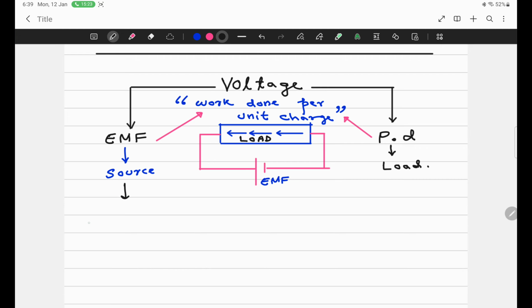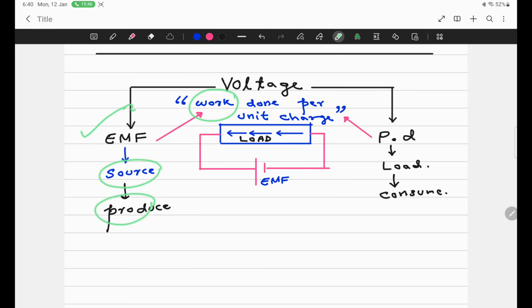And you know, at source, electricity is produced, whereas at the load, electricity is consumed. So I can say work done per unit charge to produce electricity at source is called EMF.